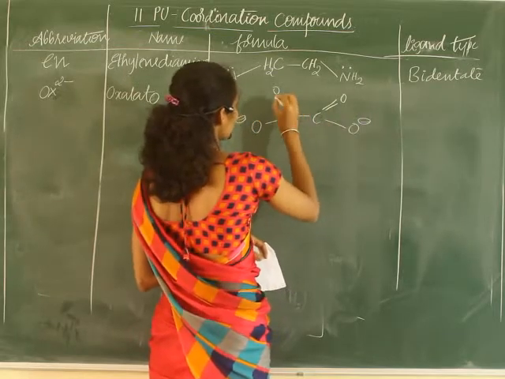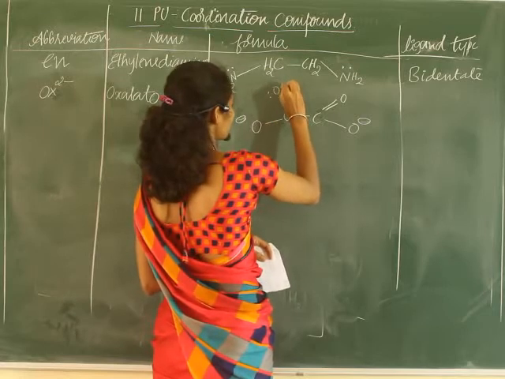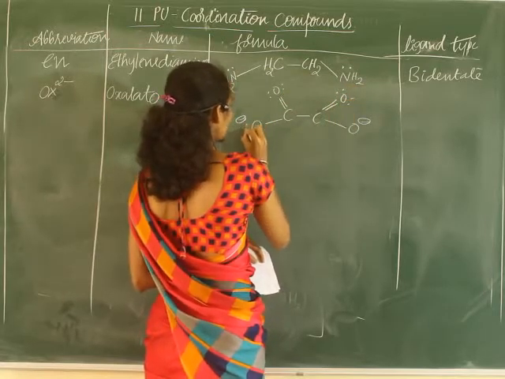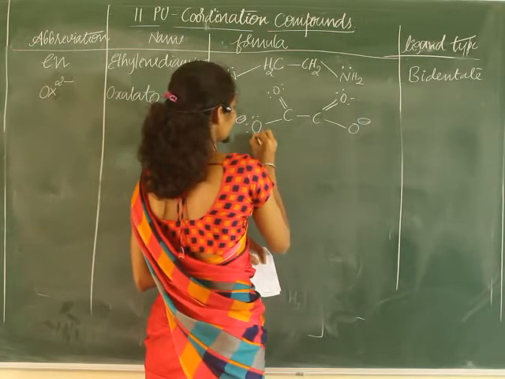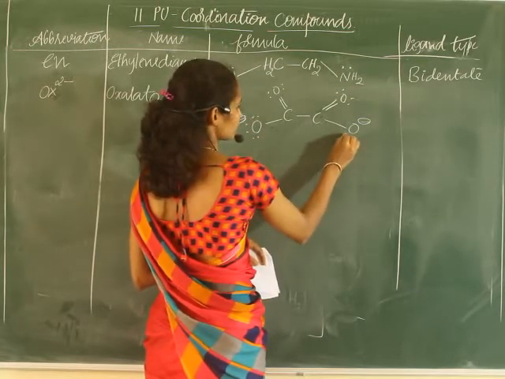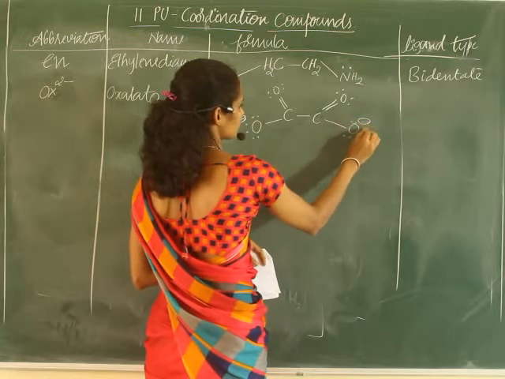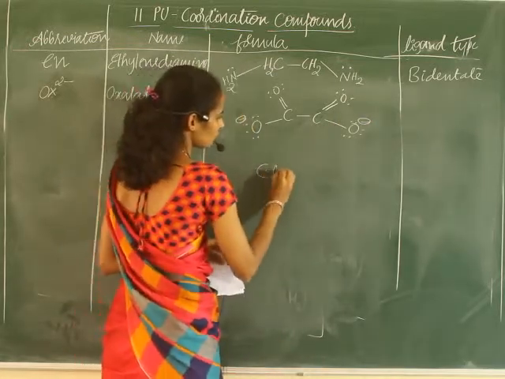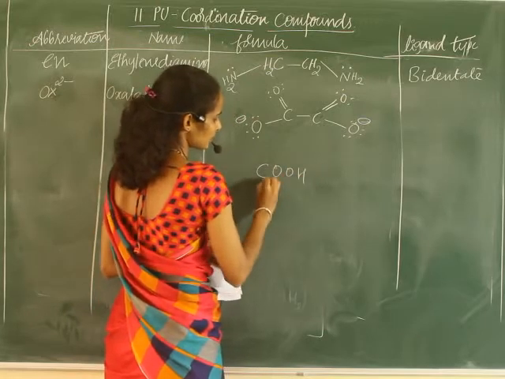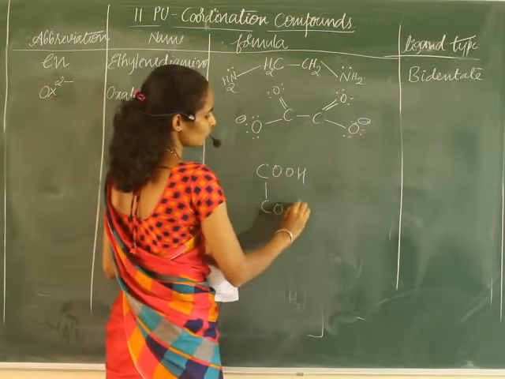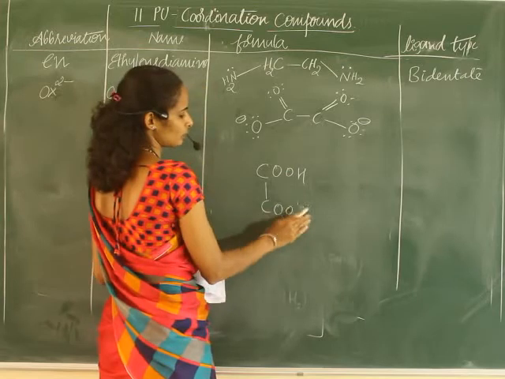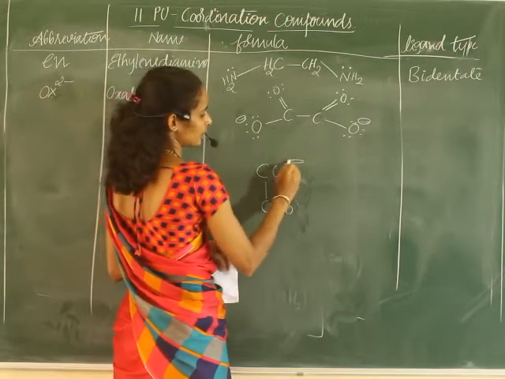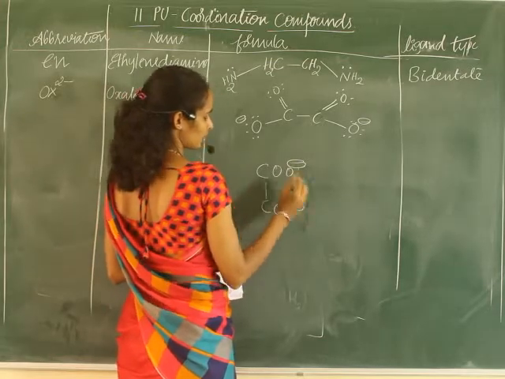Oxalate is nothing but ion of oxalic acid. Oxalic acid, COOH, and when it ionizes, it will ionize to COO minus.